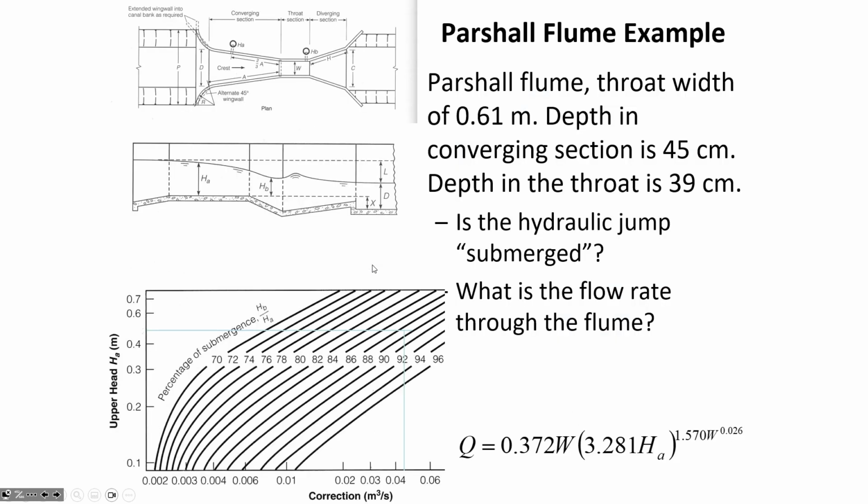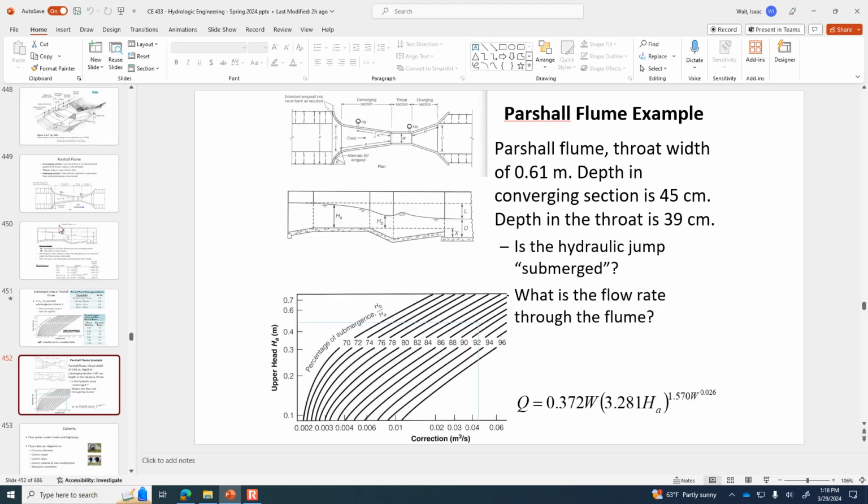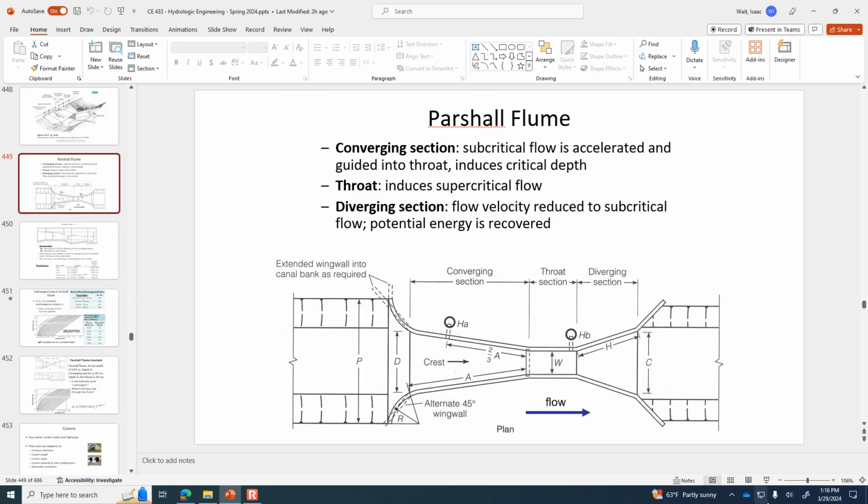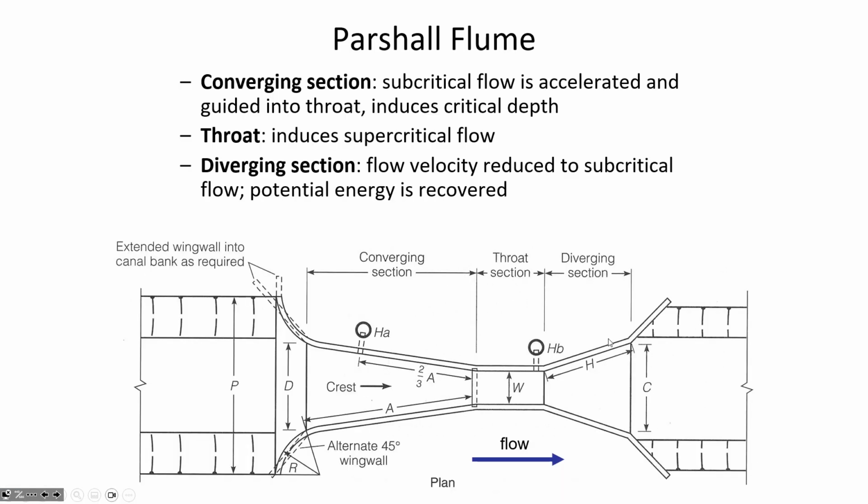For that example, we're going to work with a flume that has a throat width of 0.61 meters. If we go back to this view, 0.61 is this width. The narrowest section of the flume is called the throat. So in this example, the throat width is 0.61 meters.